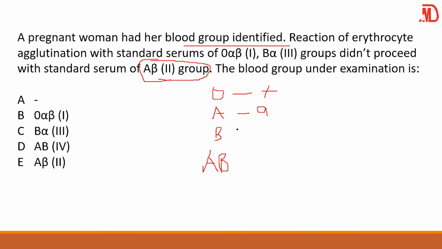So you can't give this A to somebody with O and somebody with B. You can never give it because it has an antigen present.